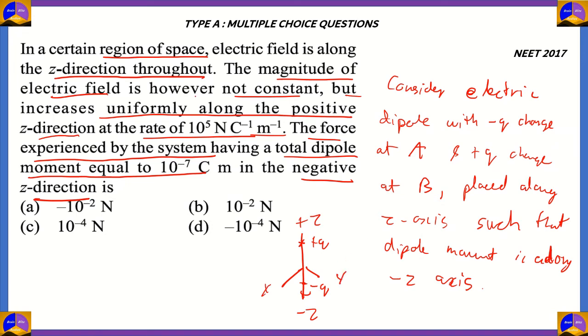So we know that the dipole moment is equal to 10 raised to minus 7 Coulomb meter along the negative z-axis. So therefore, the dipole moment in z is equal to minus 10 raised to minus 7 Coulomb meter.